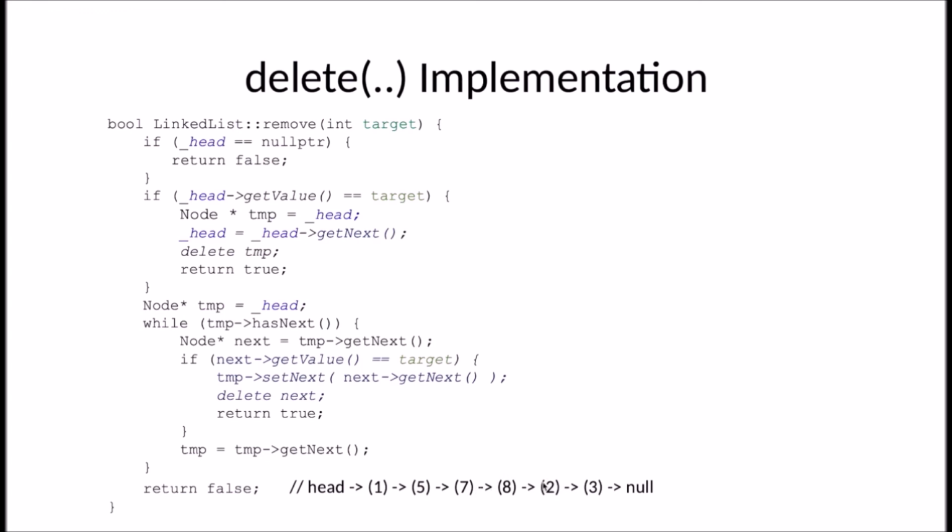So now 7 points to 2. The next line I delete next, which is 8, and then I return true. If nothing was found, eventually temp.hasNext would return false. In the case when temp pointed to 3, I stop the loop and return false, since nothing was found.